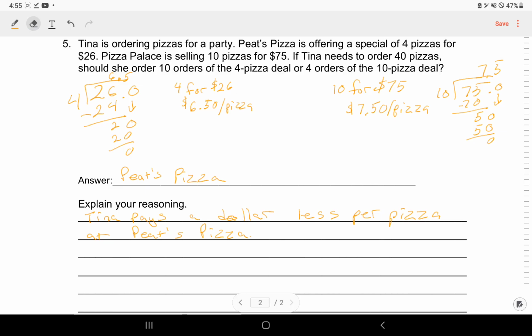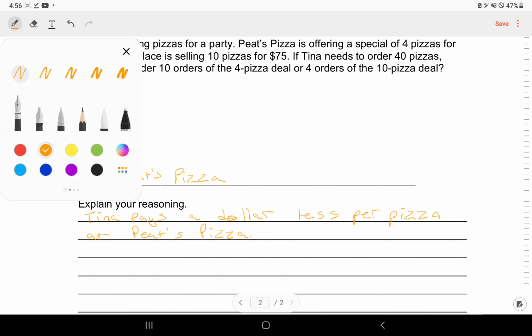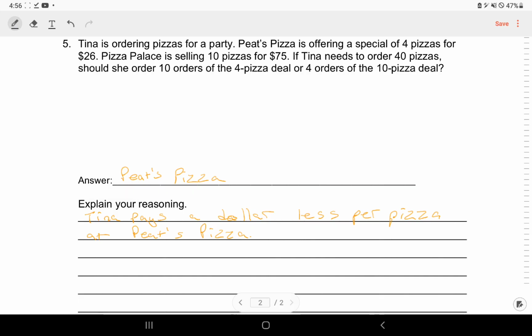Now, the other way to do this would be to say, well, if Tina needs 40 pizzas, she should order 10 of the 4 pizzas. Well, 26 times 10 is 260. 75 times 4.